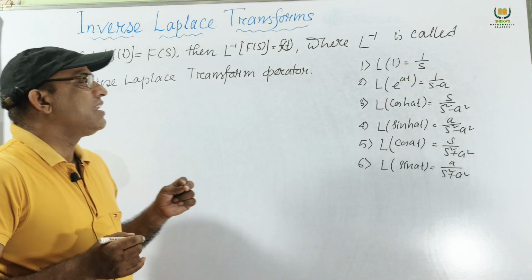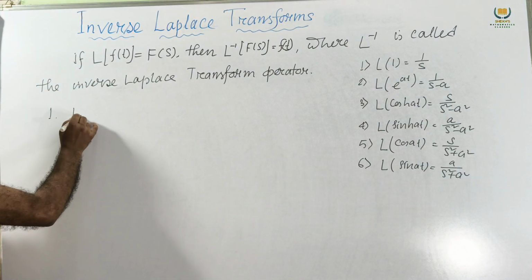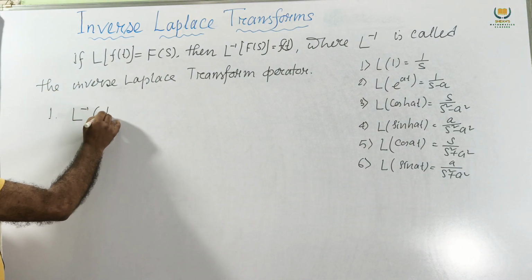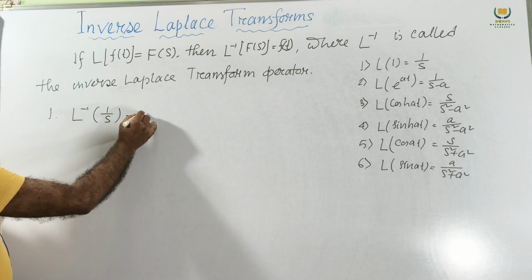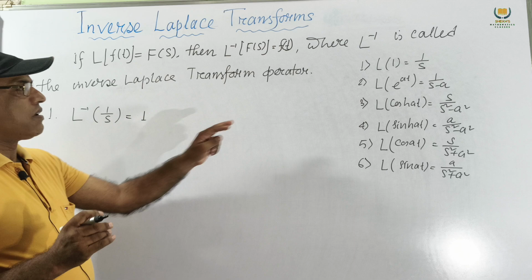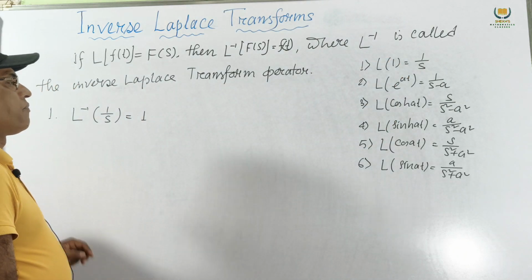Now we want to write inverse Laplace transform. Number 1, L inverse 1 by s. This is 1. L inverse 1 by s is 1.